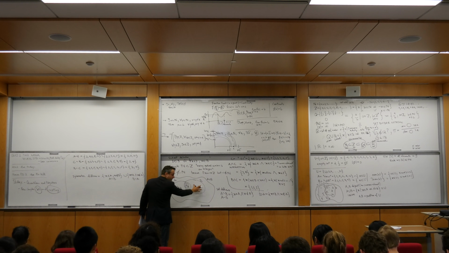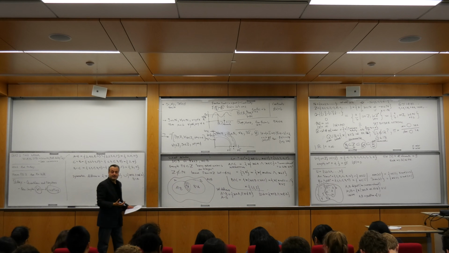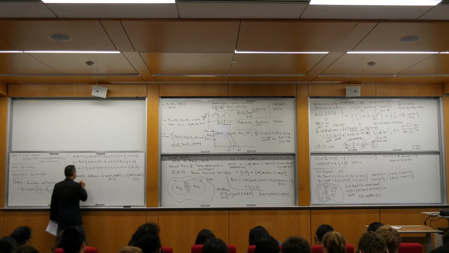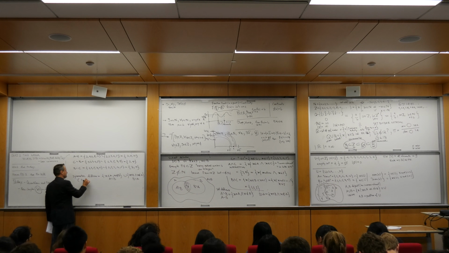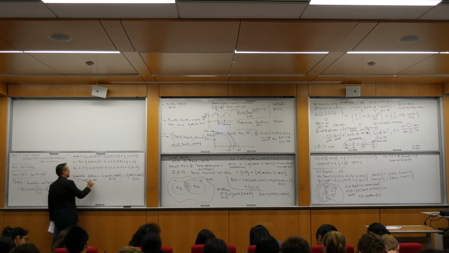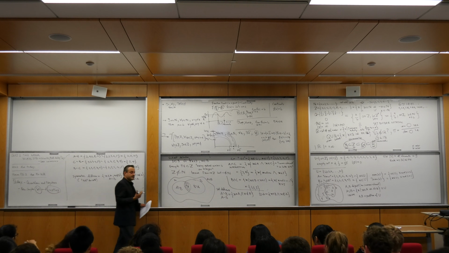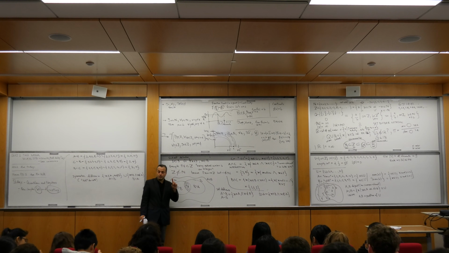This and this union, excluding the intersection. It's like a XOR. Remember XOR? XOR was when only one of them is true, not both.